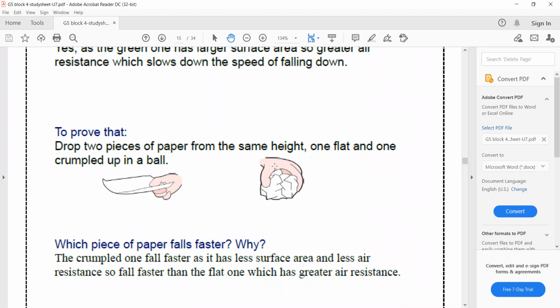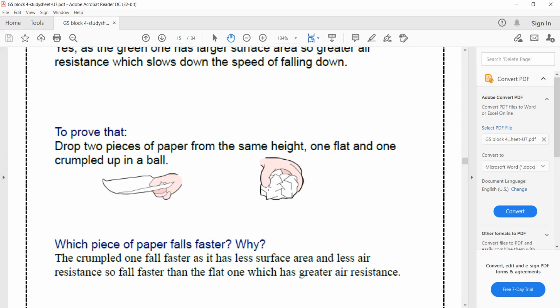Of course, the two pieces of paper have the same mass, but this one has a large surface area, so it will face a greater air resistance when it falls down, so it will reach the ground slowly.